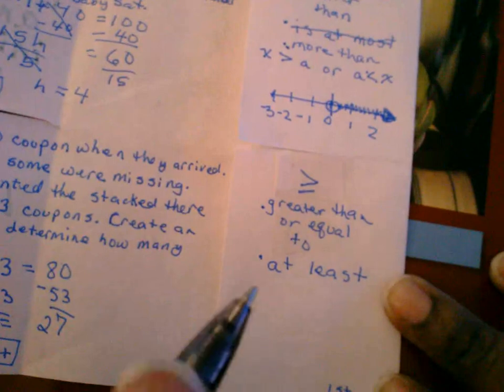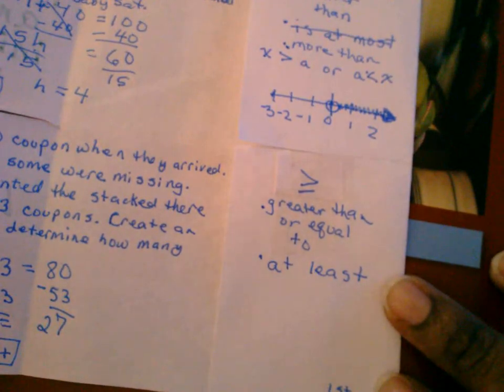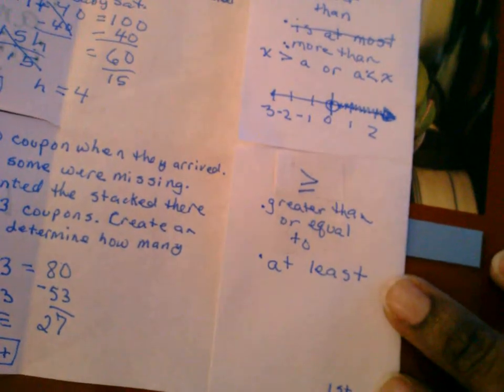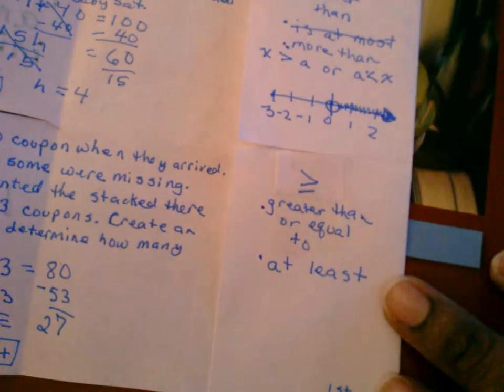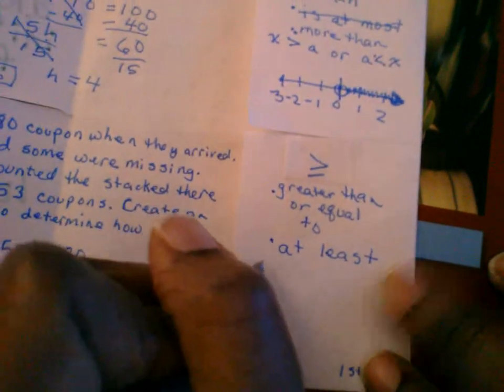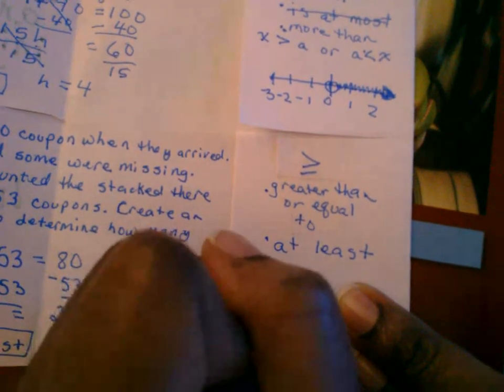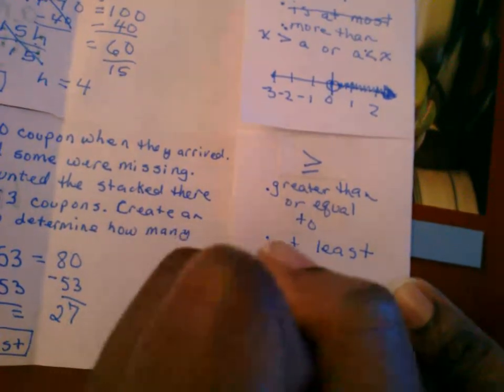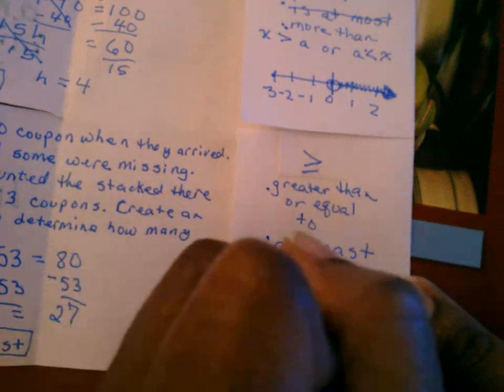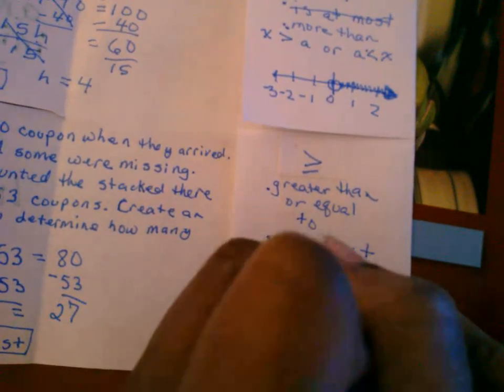I need at least 5, which means I need 5 or more. So x has to be greater than or equal to 5, or 5 has to be less than or equal to x. So this statement is going to be x is greater than or equal to A or A is less than or equal to x.